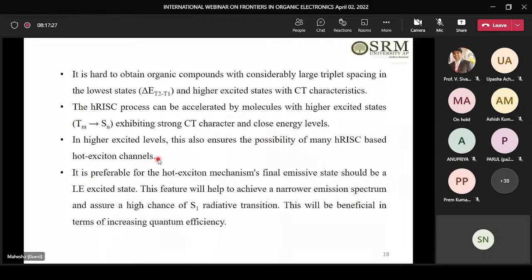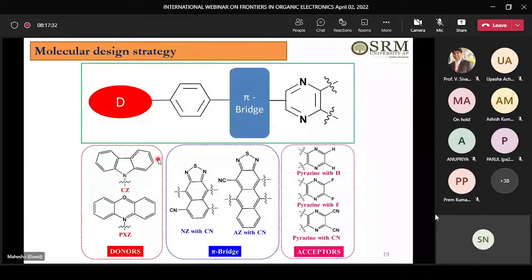So we have adopted a molecular design strategy in which a donor and an acceptor are flanked by a benzene ring as well as a pi bridge. We have chosen two different donors, carbazole and a phenazine based donor, and we have considered thiazole containing naphthalene and anthracene units as the pi bridge, and three different acceptors to tune the homo-lumo energy levels.